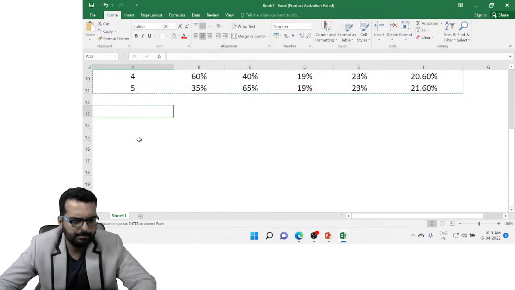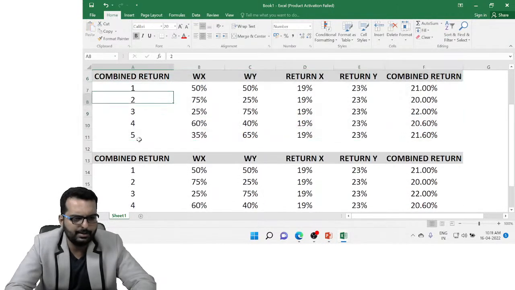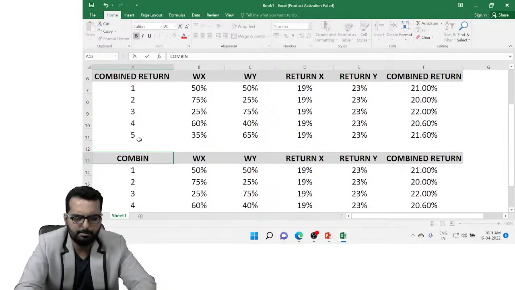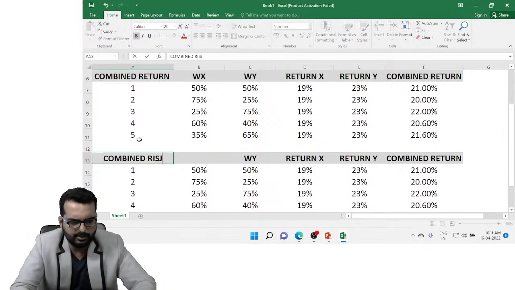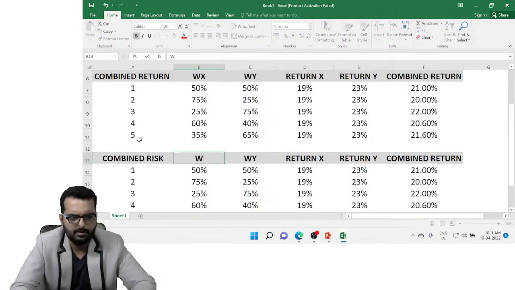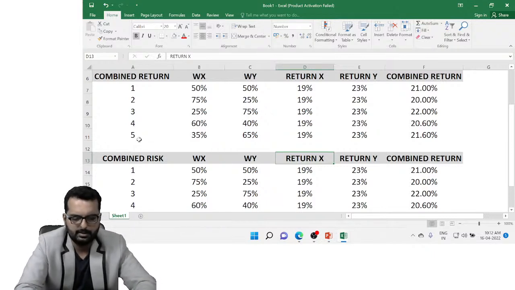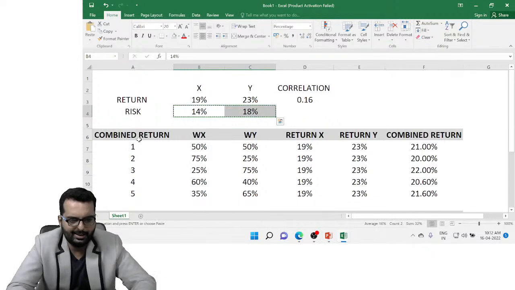I'll copy, paste this whole thing down. We can use a Markowitz method of formula. Okay. So here I'm going to find out the combined risk. That will be a little bit more trickier than what we had earlier. Weight of X is given, weight of Y. It will be risk of X now, right? Standard deviation of X, standard deviation of Y. That will be 14 and 18%.